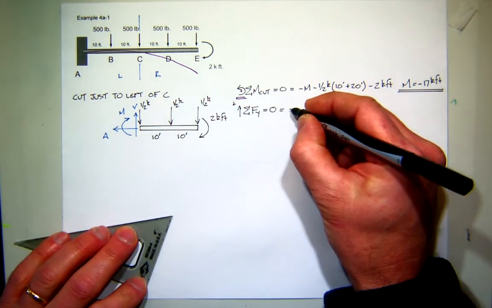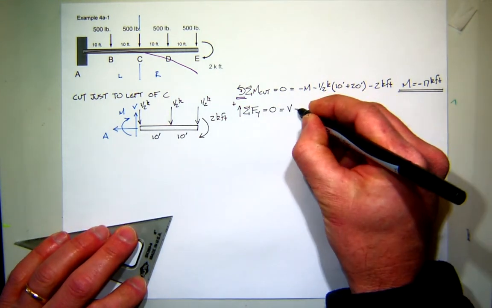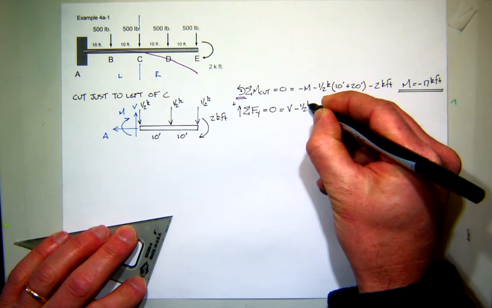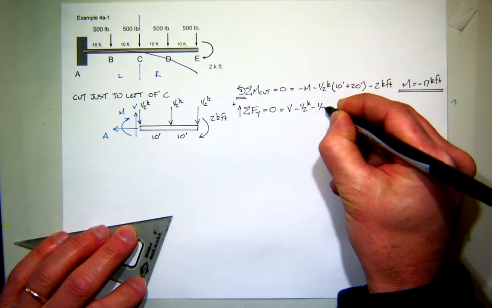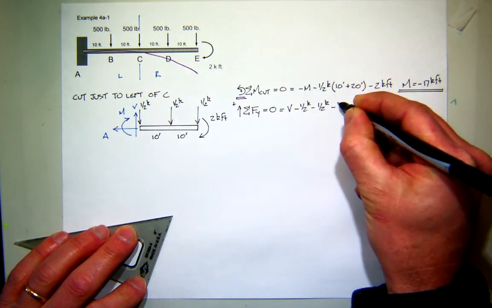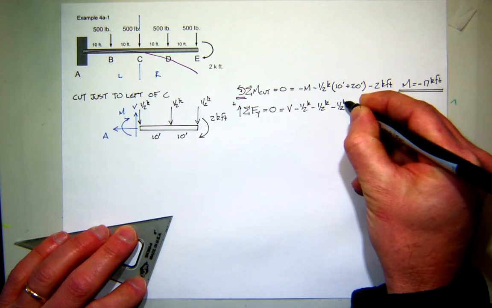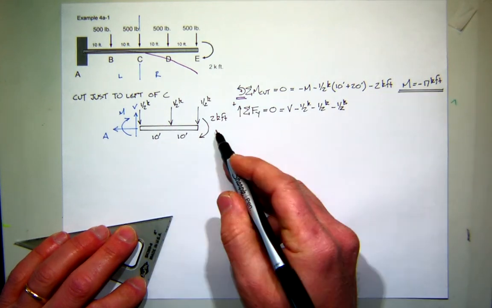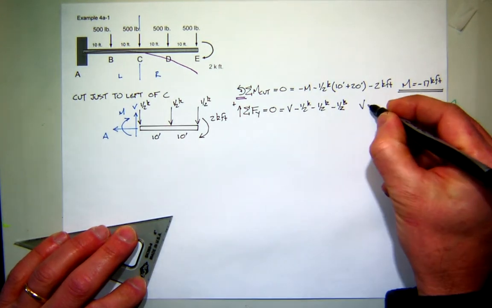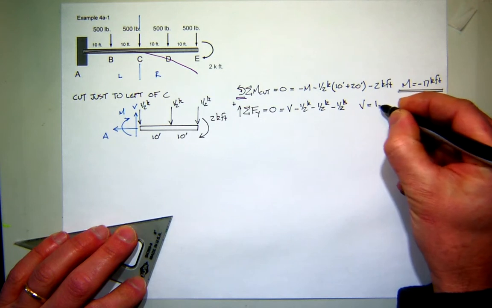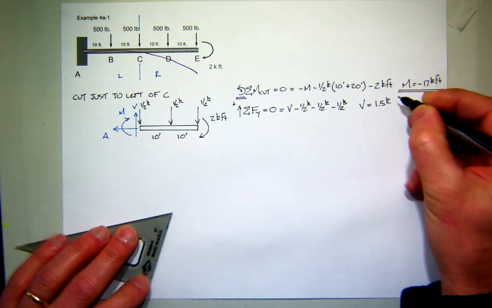So with mine up, I would get a positive shear up, and I have a half kip force down, a second half kip force down, and a third half kip force down. And that's it. So what's my shear equal to? Looks like 1.5, and it's positive.